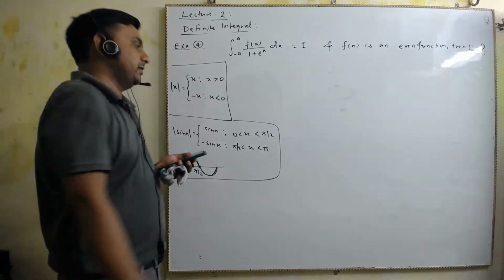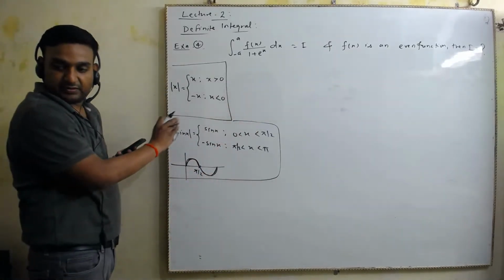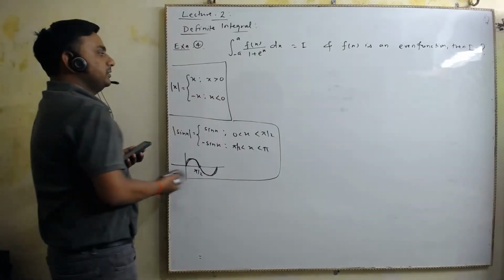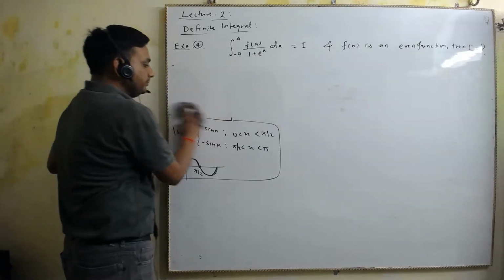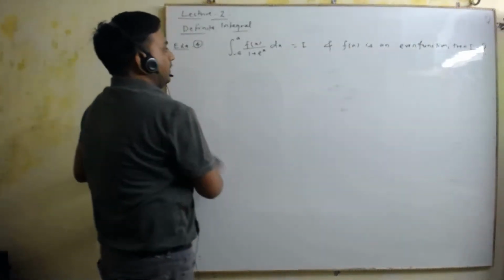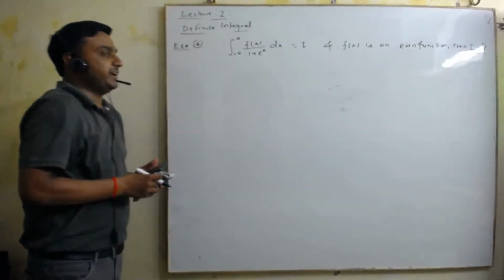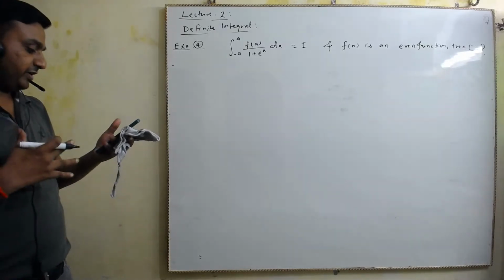Okay, fair. Let's come to this question now. Have you noted this, everyone? What about this question? What they said is that f of x is an even function, right?